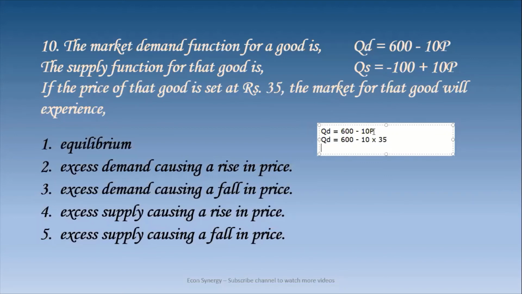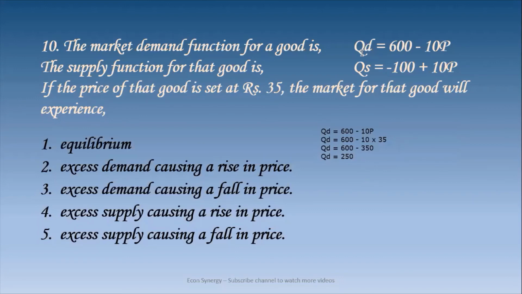Then QD equals 600 minus 350. It is QD equals 250.